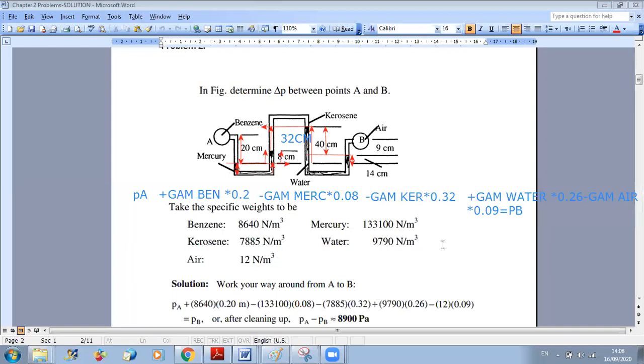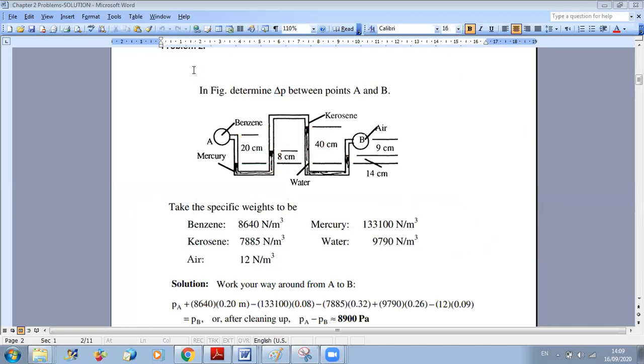So all I have to do is to say PA minus PB is equal to, and I do my calculation, and I find the pressure drop between A and B. Okay? Any question on this problem? Okay. So let us move to another problem.